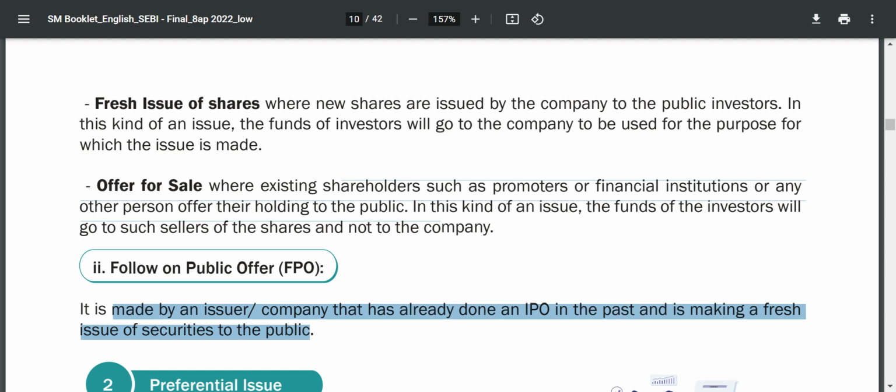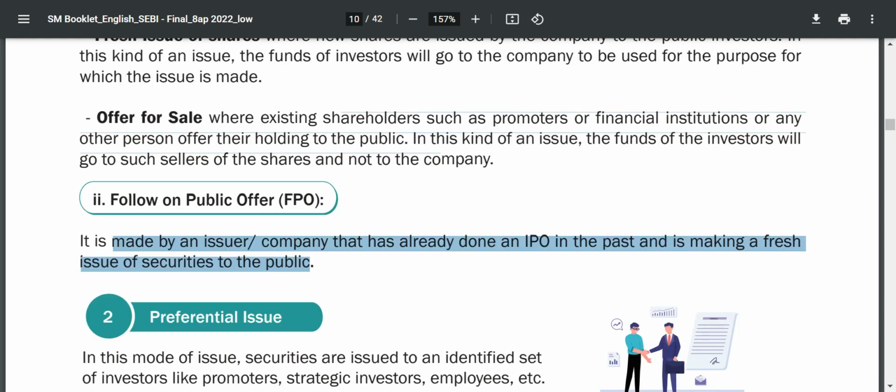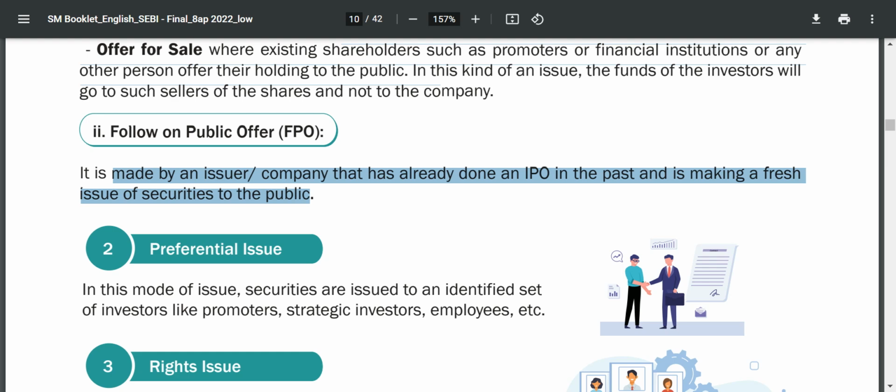So here we have discussed the two categories of public issue in the primary market: the first was the IPO, the initial public offering, and the second was the FPO, the follow-on public offering. We also discussed the IPO's two forms. Now we are discussing the preferential issue.